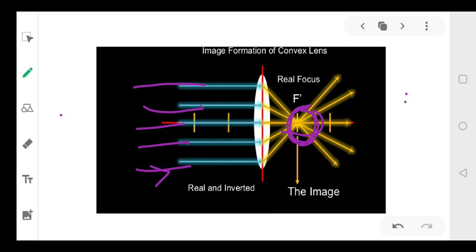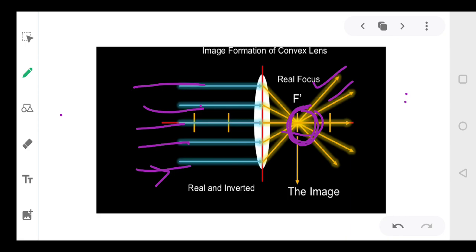Is it clear? We know convex lens is a converging lens, so it will converge all the parallel rays on this point, and this point will be called the principal focus of convex lens.